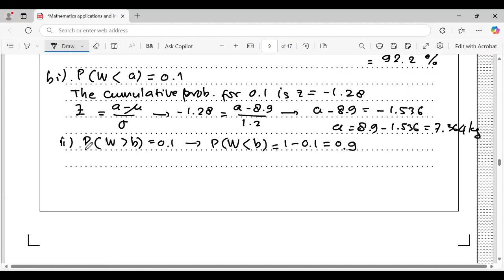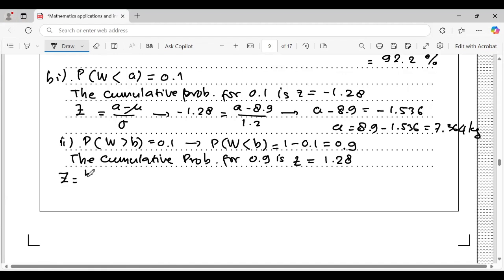So the cumulative probability for 0.9 is Z equal positive 1.28.